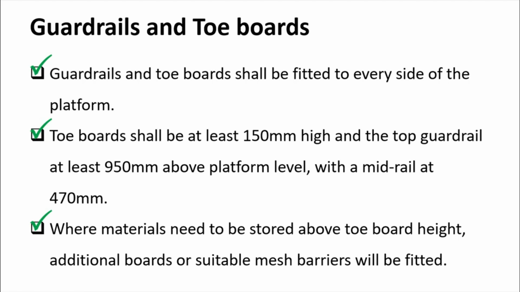So this is the minimum: 150 mm high for the toe boards, and 950 mm above platform level for the top guardrails. This is to make sure that persons will not fall down when you have these edge protections, and materials will not fall down when you have the toe boards.